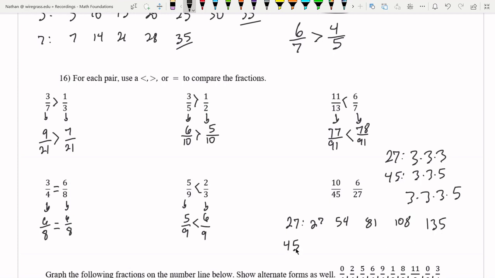Let's look at 45. 45 times 1 is 45. Times 2 is 90. Times 3 is 135.